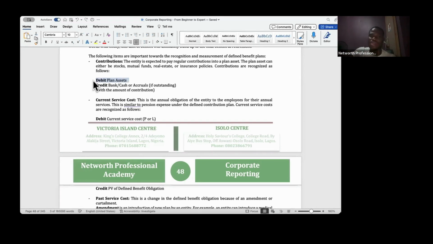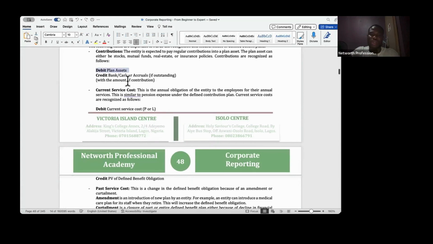The company has committed itself, so they put the money into plan asset: debit plan asset, credit bank, with the amount of the contribution. This you must know. Your contribution will increase your plan asset.